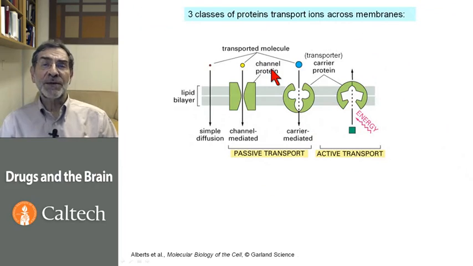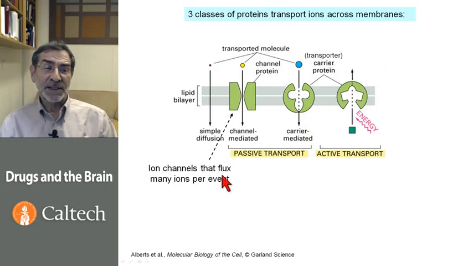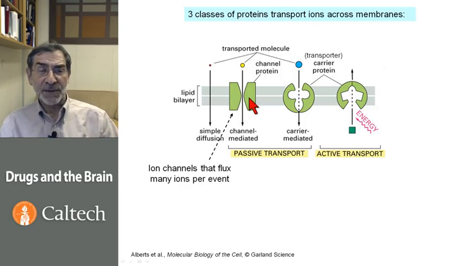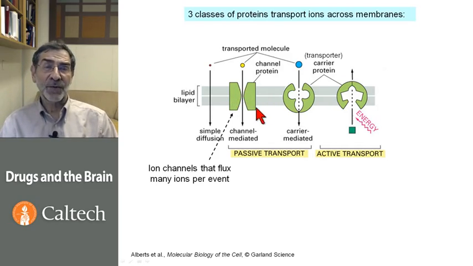In order to understand neurotransmitter transporters, we need to distinguish three major classes of proteins that transport ions and other molecules across membranes. We've already discussed ion channels. Ion channels flux many ions per conformational change that opens or closes them, and we won't discuss them further in this lecture.